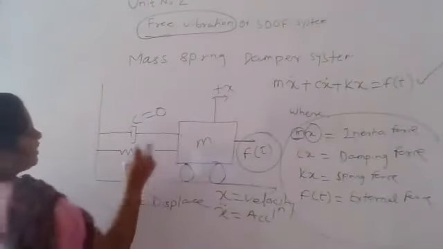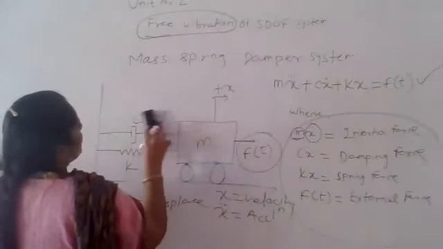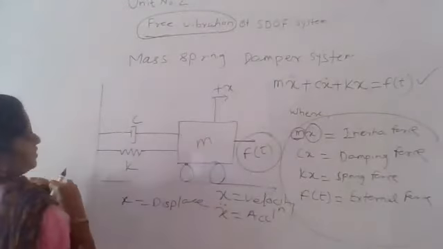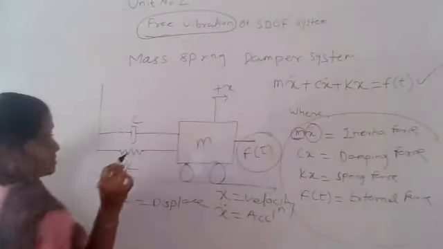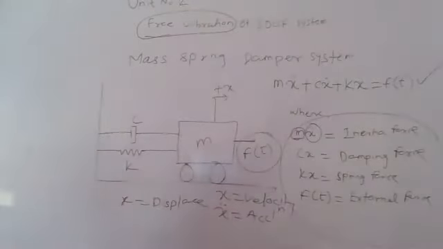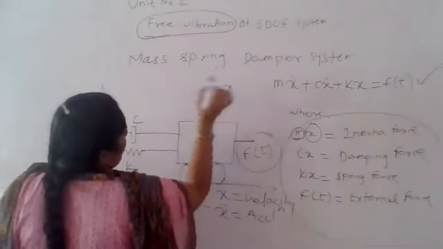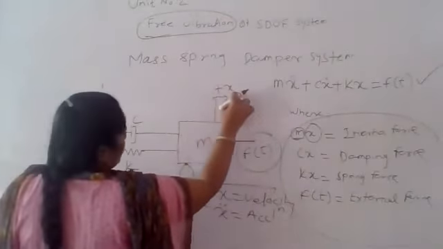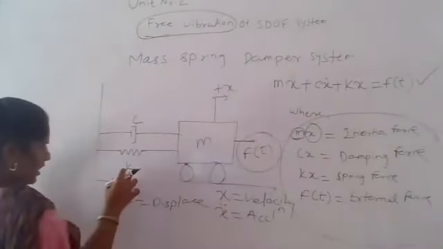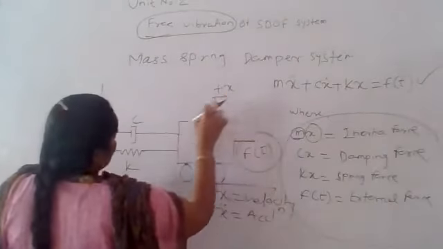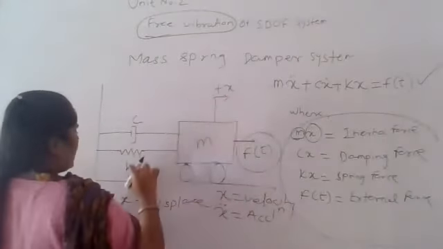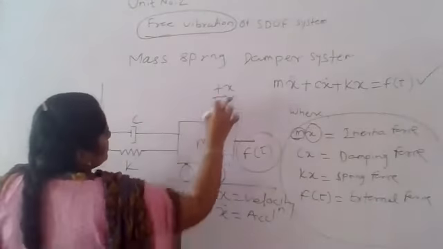Second thing is the c value, the damping coefficient, and it changes with respect to the velocity, so c into x dot, that is cx dot, whereas k changes with respect to x, so cx dot, kx and mx double dot.